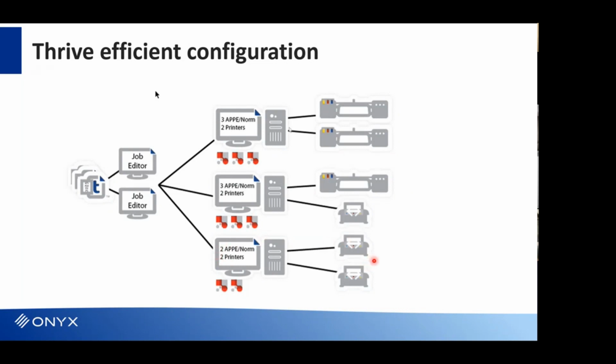This is also useful for the bigger print shops that have a big print plant where the printers are located all over the plant, and there are a few printer operators that take care of just printing and overall maintaining the printers, whereas the job editing and ripping takes place maybe in another room.